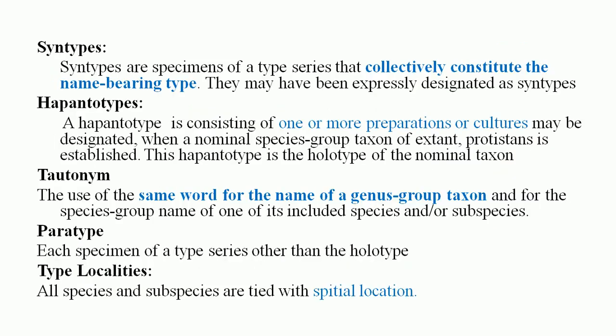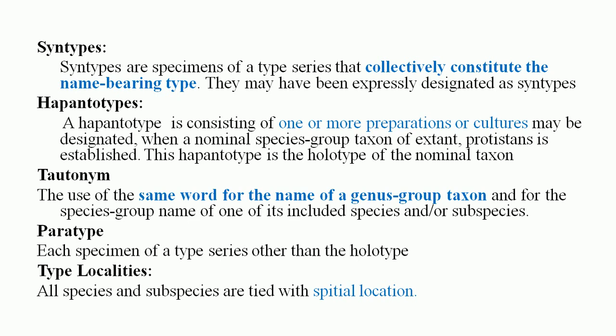Then syntypes are specimens in a type series, the collective constituent name-bearing types. Then haplotype: when an organism is cultured and a culture of a species group is designed, it is known as a haplotype, and this type of specimen is found in the northeastern groups.